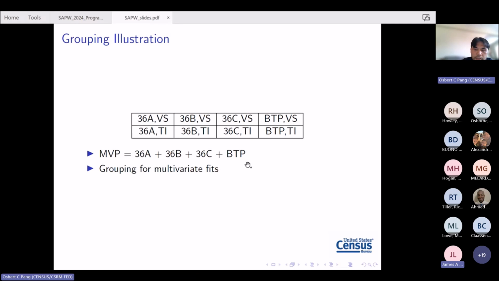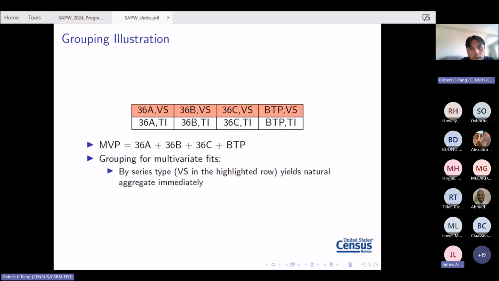And so we can see there are a couple ways we can group this for the multivariate fit. One option is we group along this way. This is what we mean by grouping by series type. We fit the value of shipment series together. And the benefit of this, if you will, is that when we fit this one model, we can get the indirect adjustment immediately, which sounds nice.